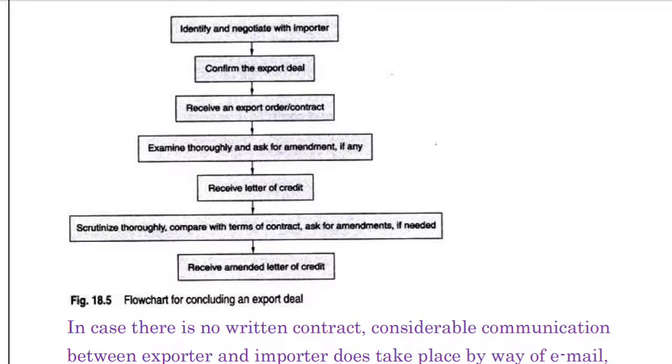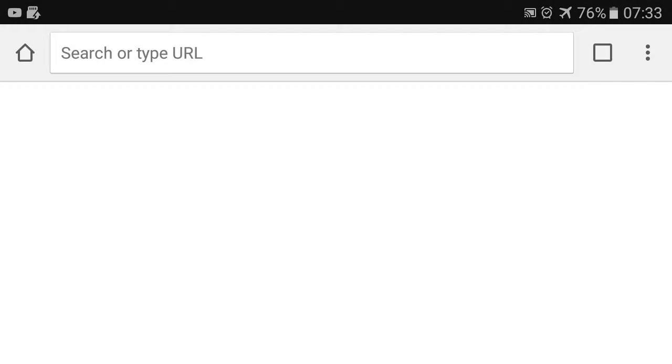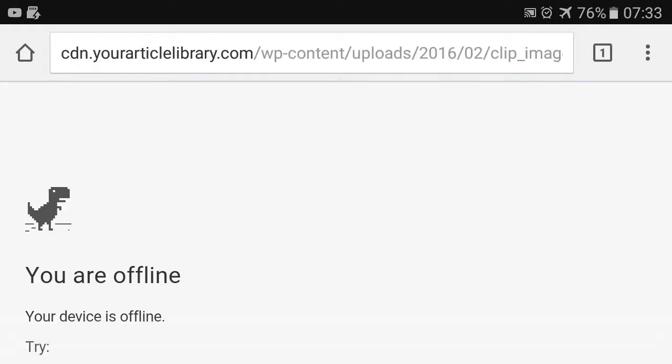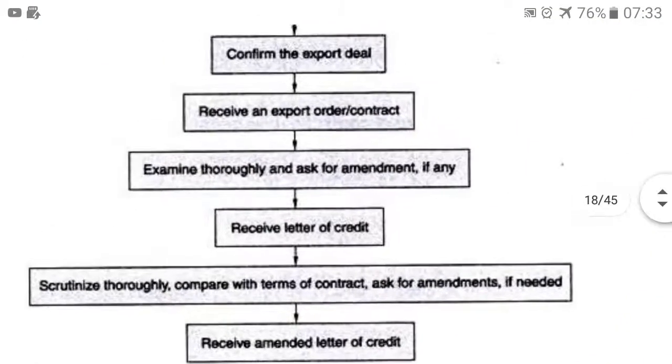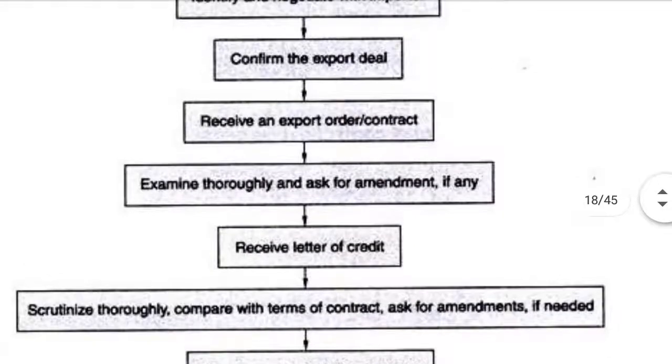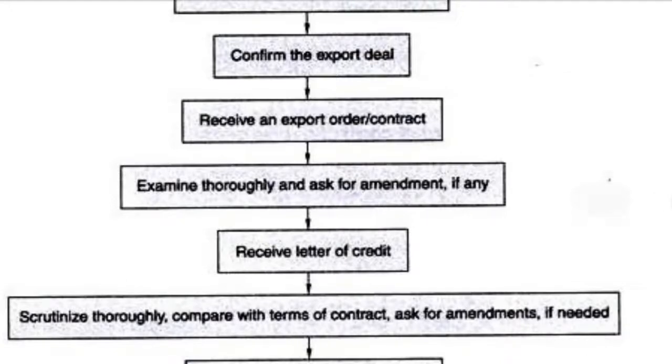Then comes the export order contract. The preparations for the export order, like information given to our production team, and preparations like booking the container and all the things.